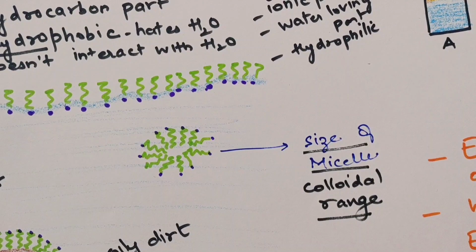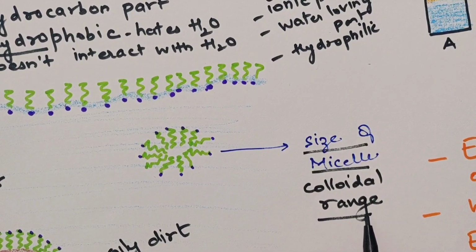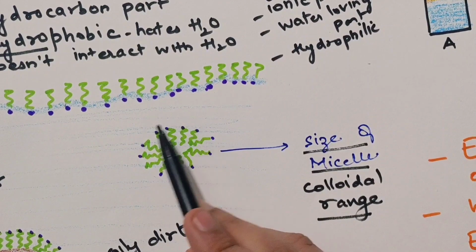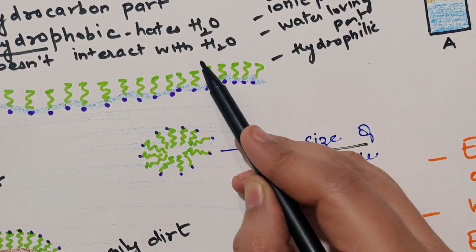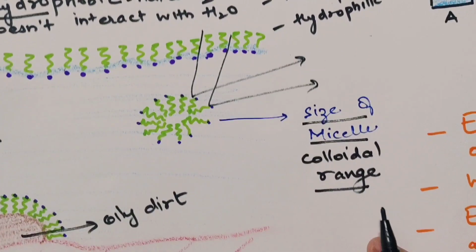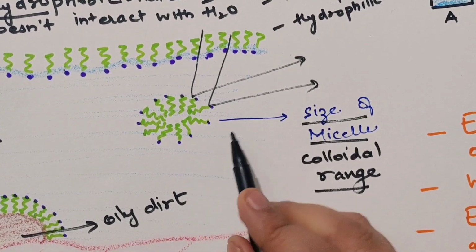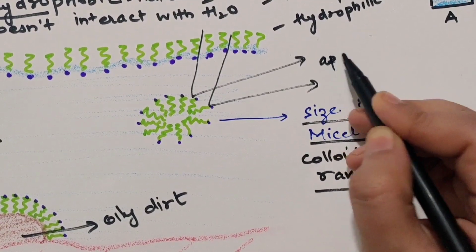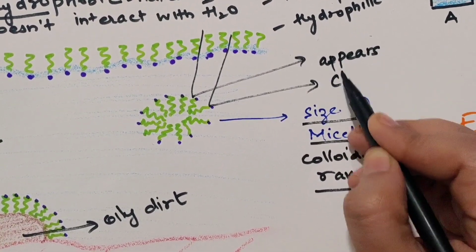True solution had the smallest size and suspension had the largest size. Colloid's size was somewhere in between. So the size of the micelle falls in the colloidal range. And the reason soap solution appears cloudy is that the micelles are big enough to scatter the light. That is why the colloidal solution of soap in water appears cloudy.